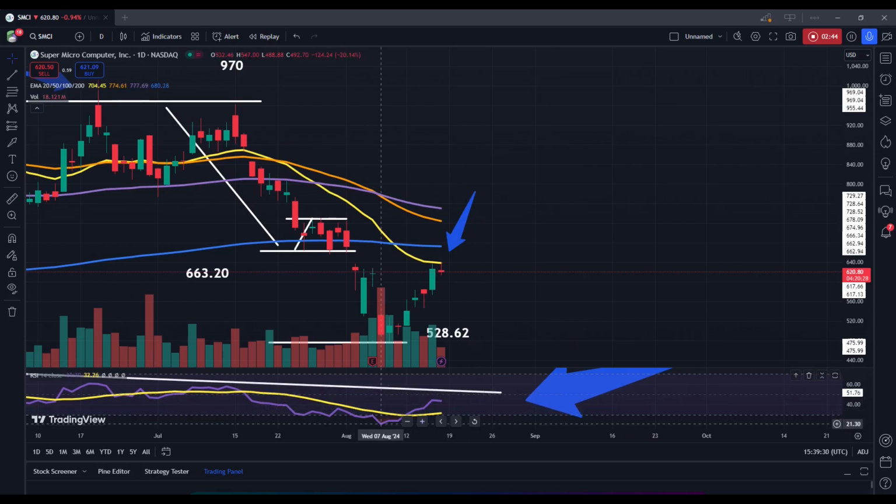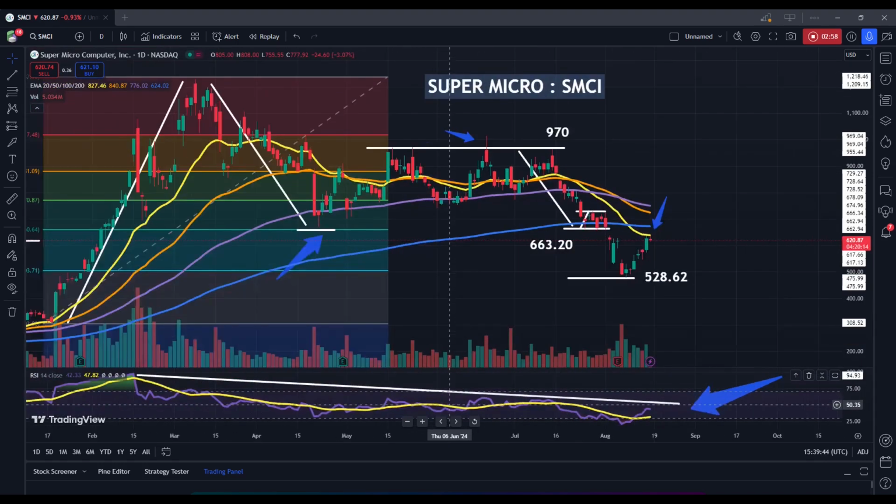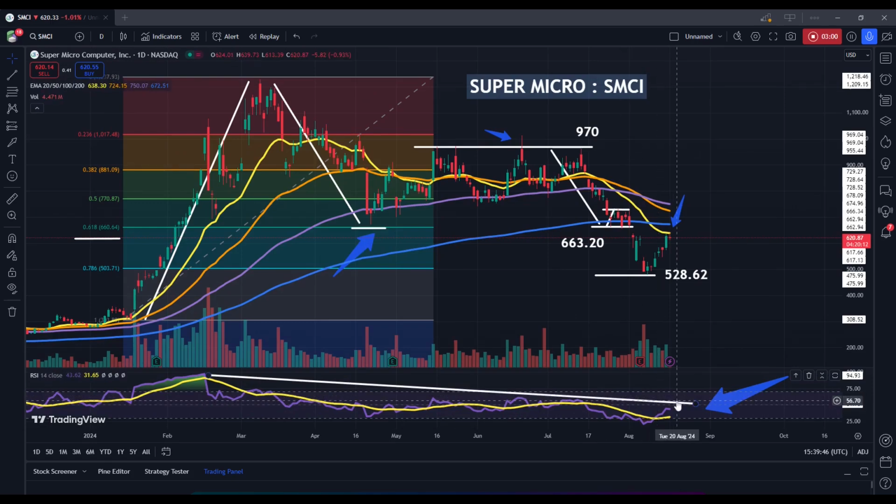In addition to that, the stock is rolling out of oversold territory as it crosses above its own exponential moving average. So there's a series of positive developments here being seen in this indicator reading. However, the main issue will continue to be the fact that we have not yet broken above this downtrend line, because this is the major indication of where the momentum direction is currently heading.